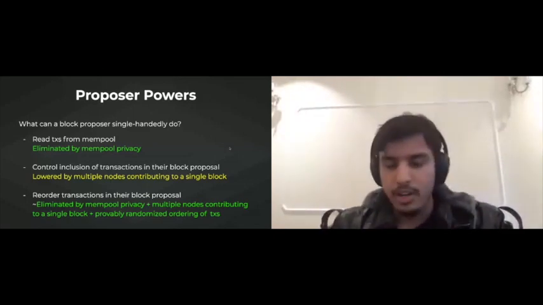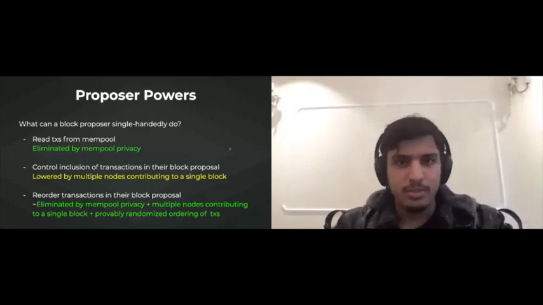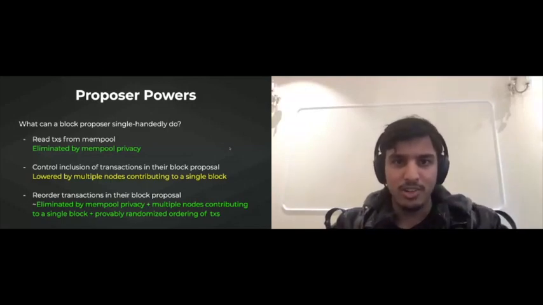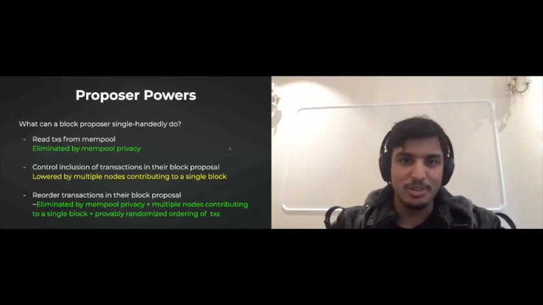You can imagine that to get a provably randomized ordering, once some encrypted transactions are finalized and decrypted, you take the decryptions and seed that into some pseudorandom function to get a new order, and you can prove this.